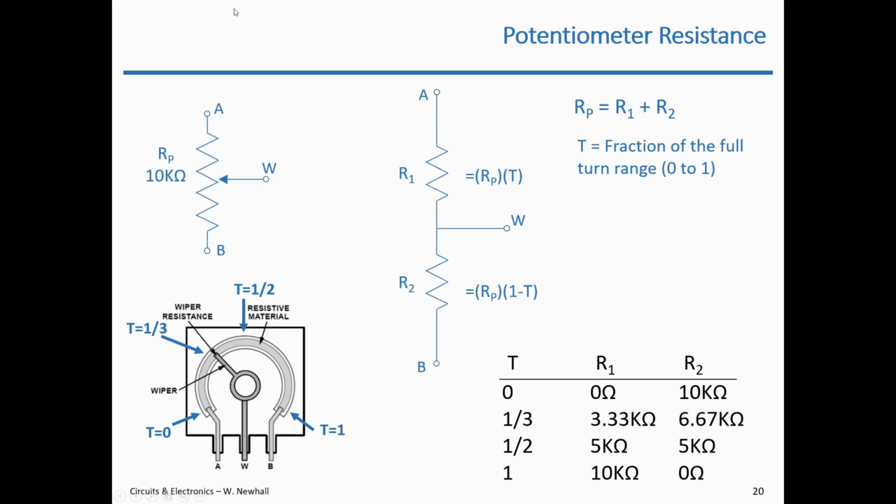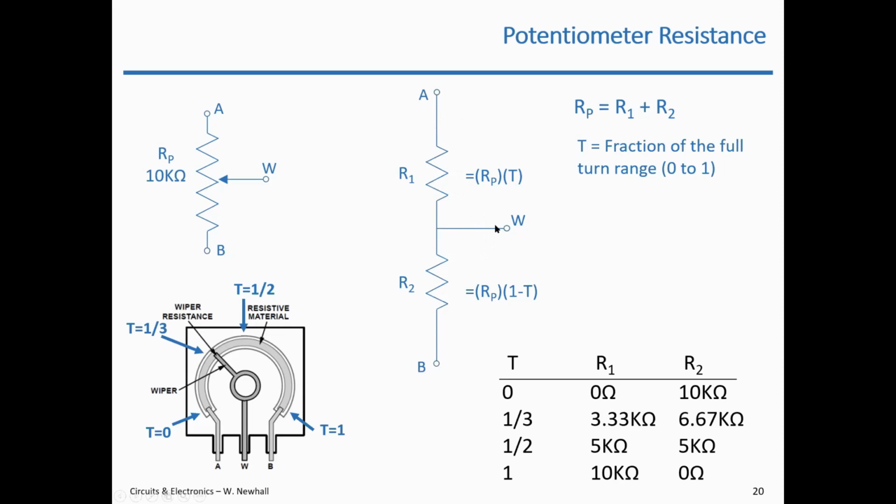Yeah. Well, that's a good question, because a resistor has two terminals, and this has 3 terminals. So if you wanted to create an adjustable resistor, you could connect A and W to your circuit and just leave B alone, just not connect B. And then you would have a resistance that varies between 0 ohms and 10K ohms.